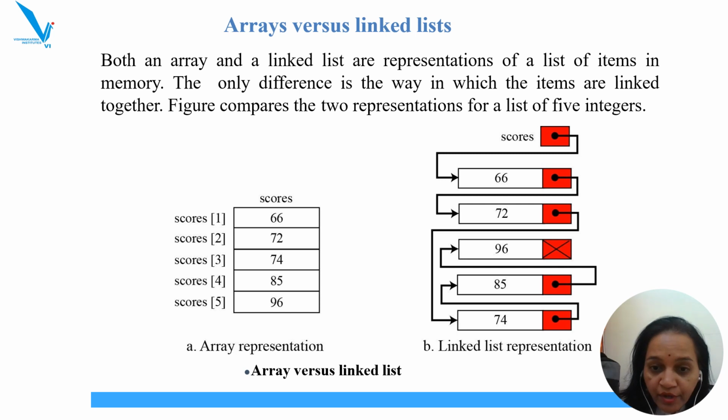Okay, then 74 is linked to 85, 85 is linked to 96, and there the list ends because it has a null pointer, null. Okay, so the nodes can be scattered in the memory, and you just have to connect them with pointers, and they will form a linked list. So this is how the array versus the linked list is presented, right?